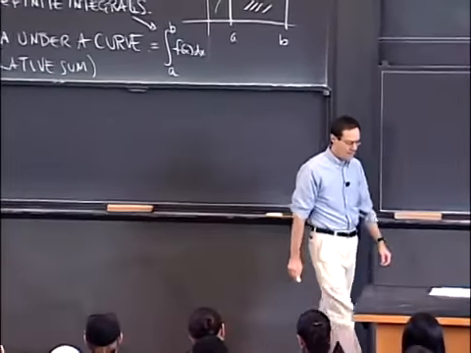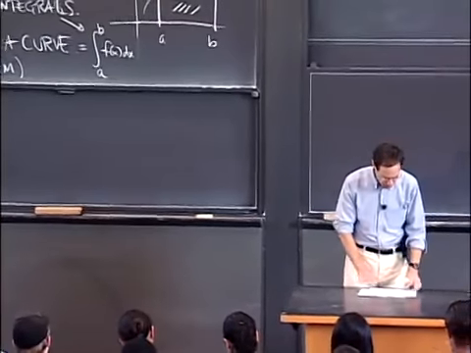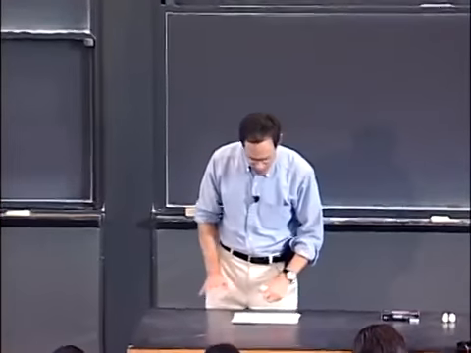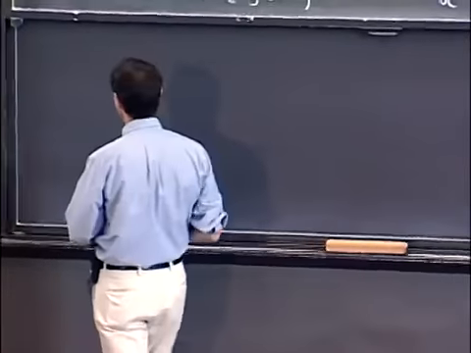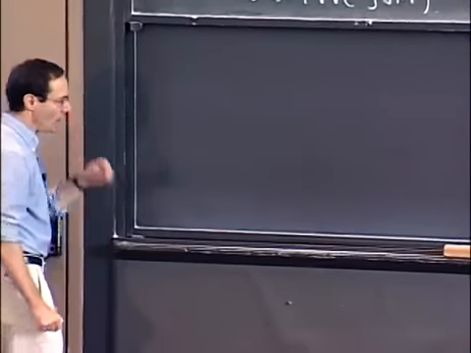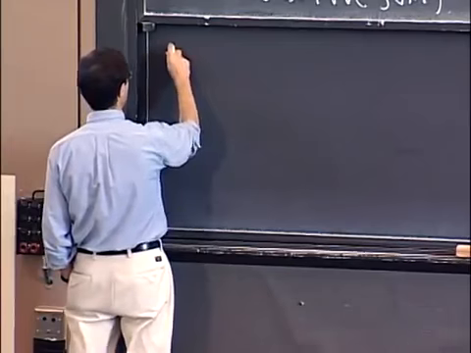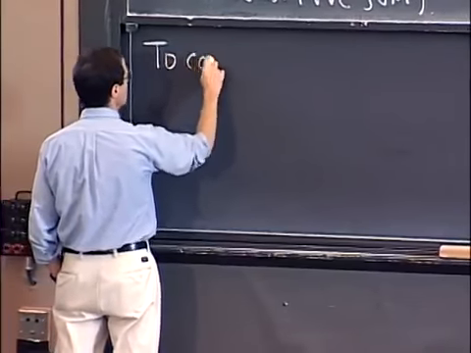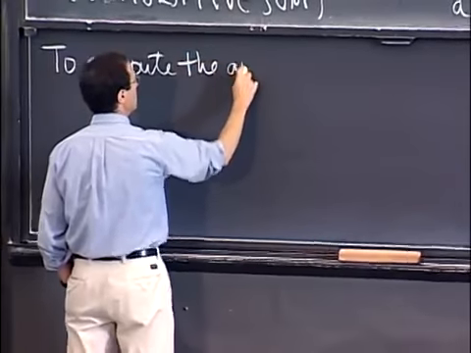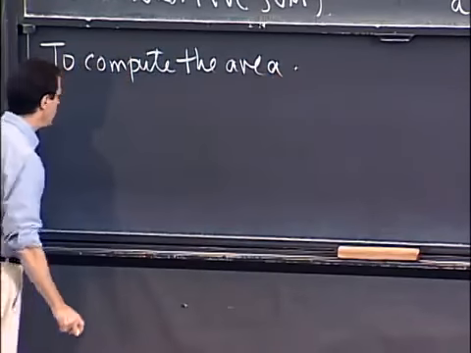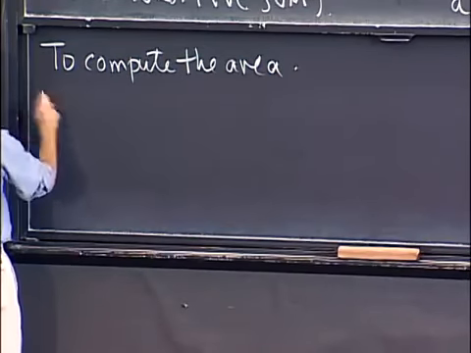Now, in order to understand what to do with this guy, I'm going to just describe very, very abstractly what we do and then carry out one example in detail. So to compute this area, we're going to follow initially 3 steps.